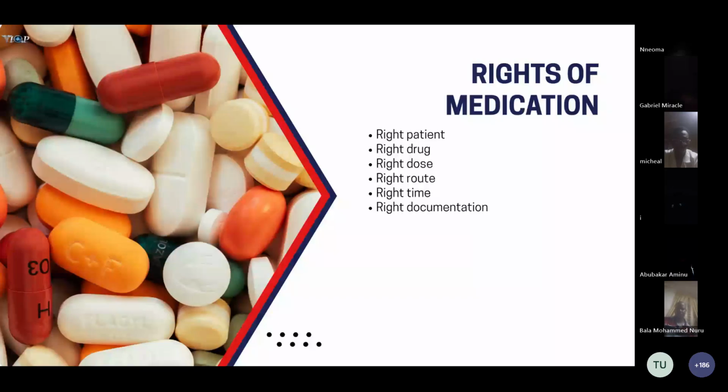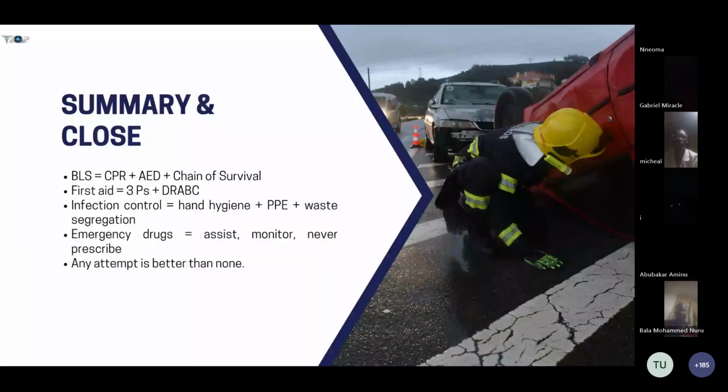Now, moving on. I have just about 30 minutes left. BLS, that is basic life saving skill, is a combination of cardiopulmonary resuscitation, CPR, AED, automated external defibrillation, and chain of survival. Now, I mentioned that first aid is the 3Ps plus DRABC.